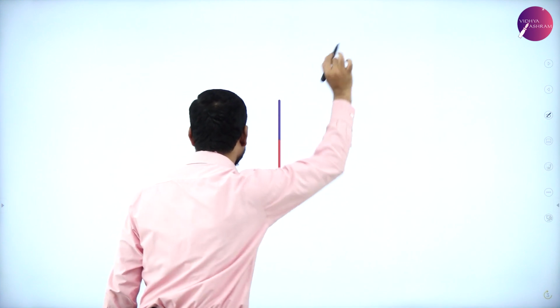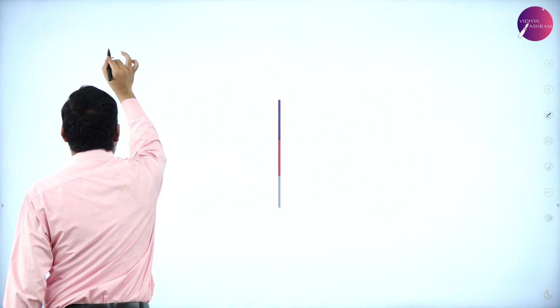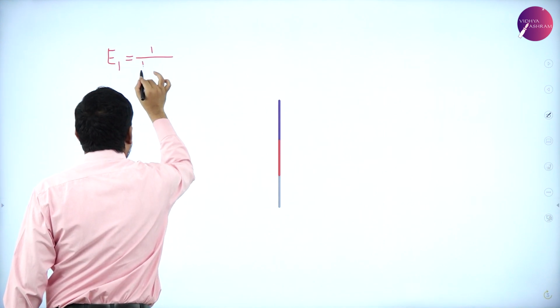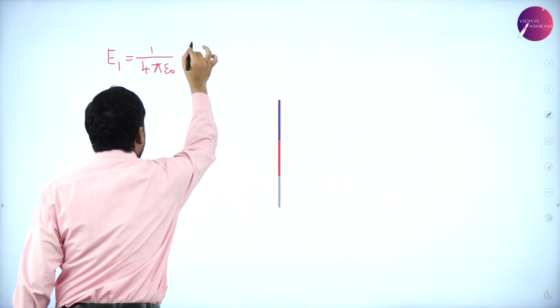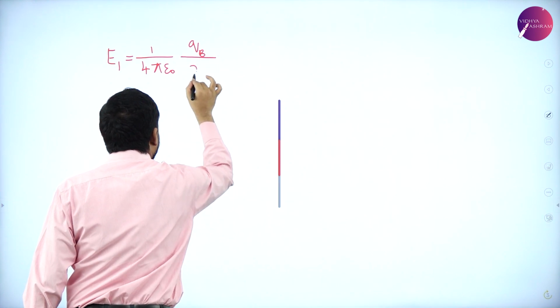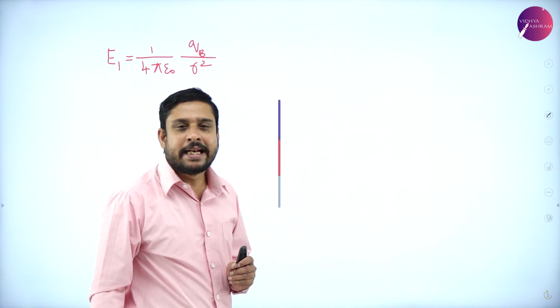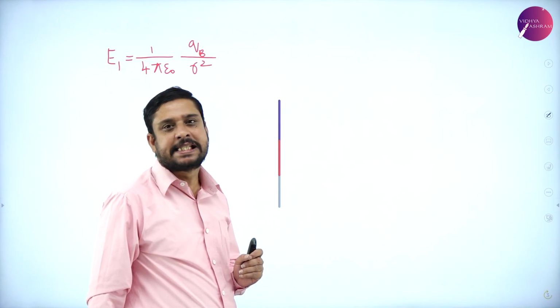So here we have E1 is equal to 1 by 4 pi epsilon naught QB by R square, the general expression for intensity.